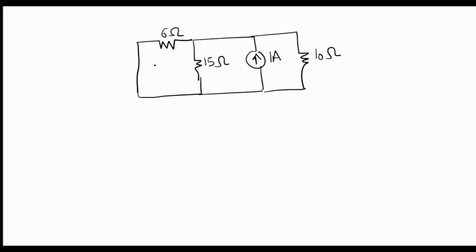So the parallel combination of 15 and 6 comes in parallel with 10, and in this case the current through the 10 ohm resistor, let's call it I2.